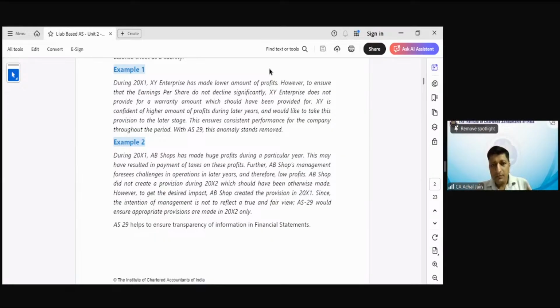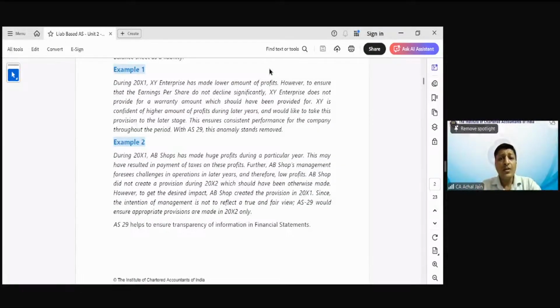Yes or no? So if the company records excess provisions, will the profit go down? But will that be appropriate on the part of the company? Tanisha says no. That will not be appropriate.